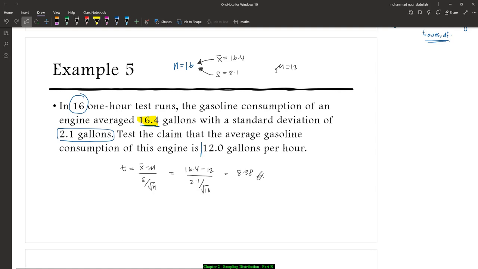So this is how we calculate the t distribution, so we can test the claim. This is an example of a question for hypothesis testing, but in this topic I just want to show you up to the t distribution, how we calculate it. To solve this problem, we will look into the next chapter.